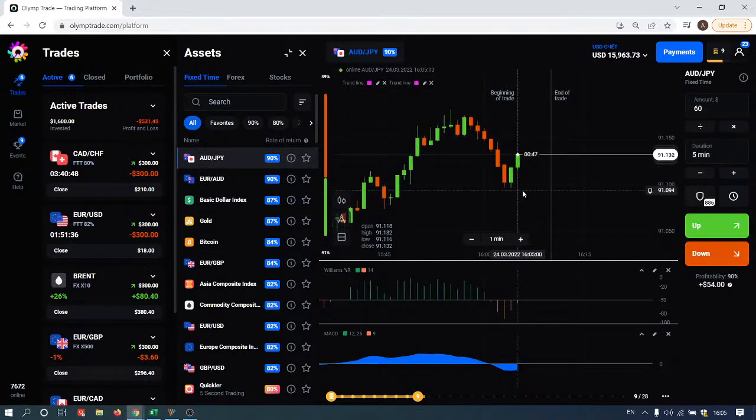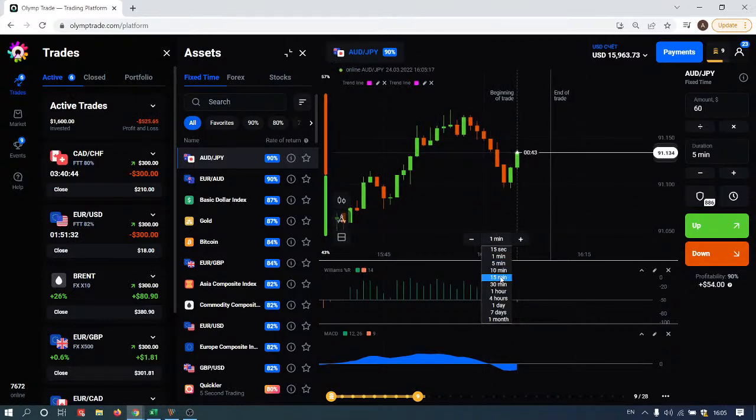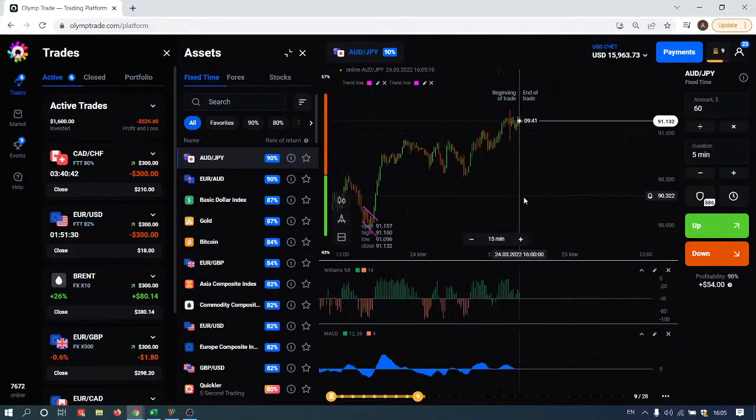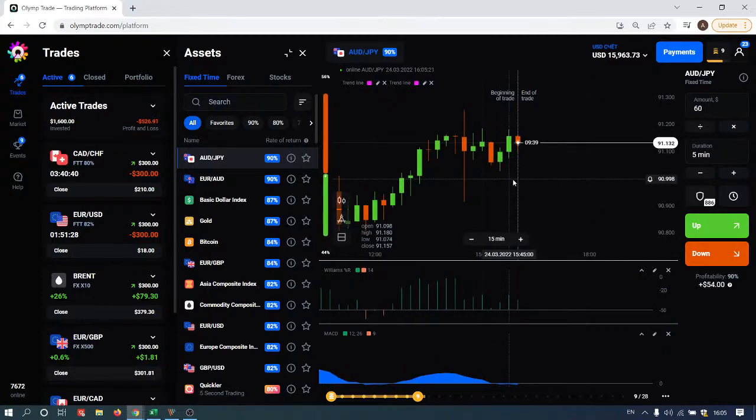One thing I would like to do today, something new, is to start with our 15-minute time frame and open some midterm trades, so that we can see how these trades end on higher time frames.